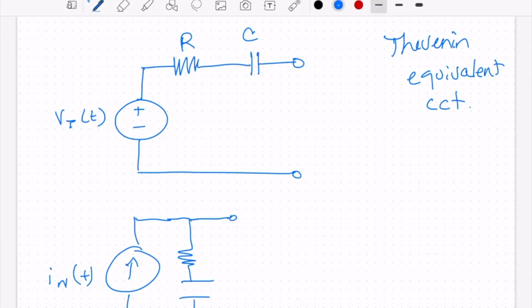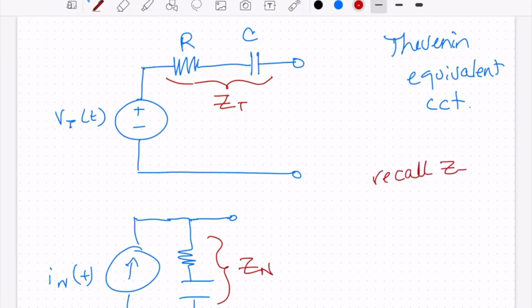And that's the Norton equivalent circuit. So in general, this is going to be ZT, whatever that is, and of course, this will be ZN. And recall, ZT is equal to ZN. I didn't tell you that this time, but we had that for resistance circuits. And there's our two equivalent circuits.